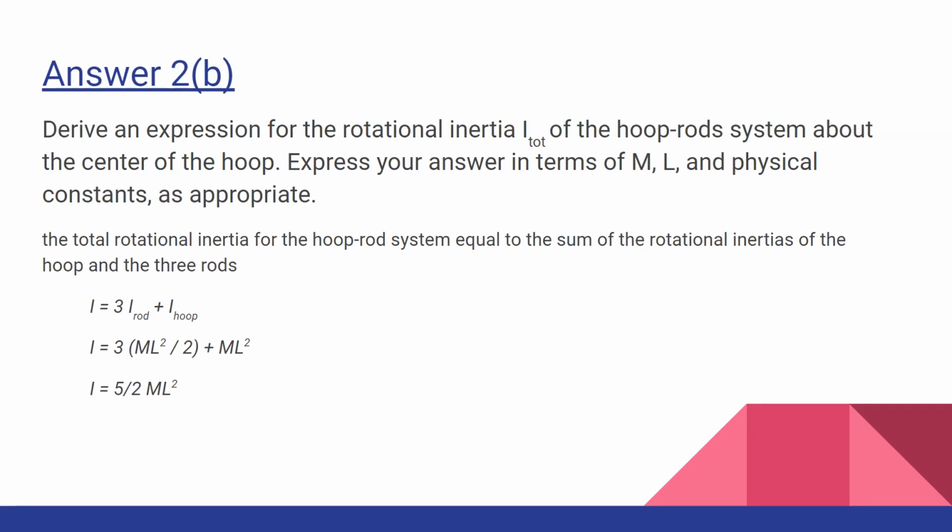So I equals 5/2 ml squared. Even if you couldn't do the integrals in part A, you could still do this problem, because part B just relies on information from part A, and College Board does not expect you to be able to do all these questions in succession.